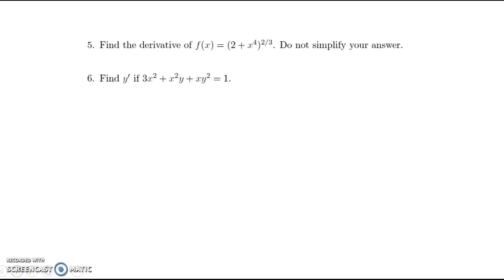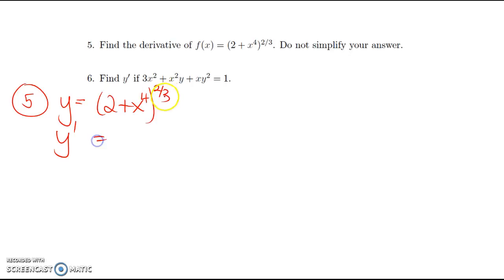Let's look at number 5. Find the derivative of y equals 2 plus x to the 4th, all to the 2/3. So we have a chain rule, right? The outside is a power rule, and then we'll do the inside, which is the chain.